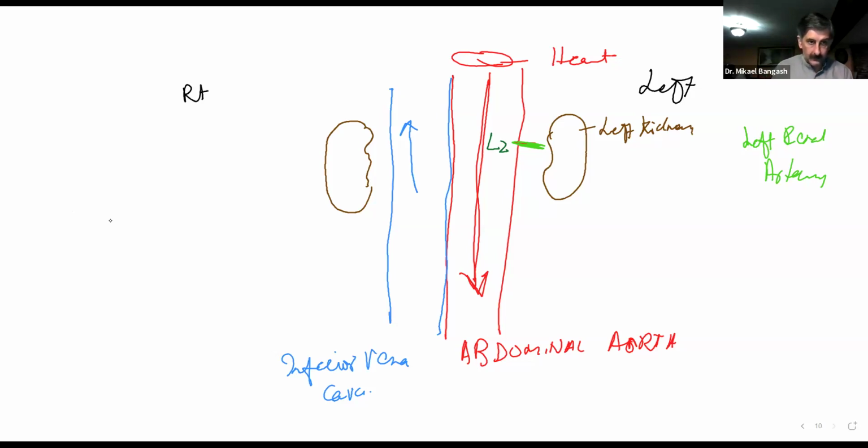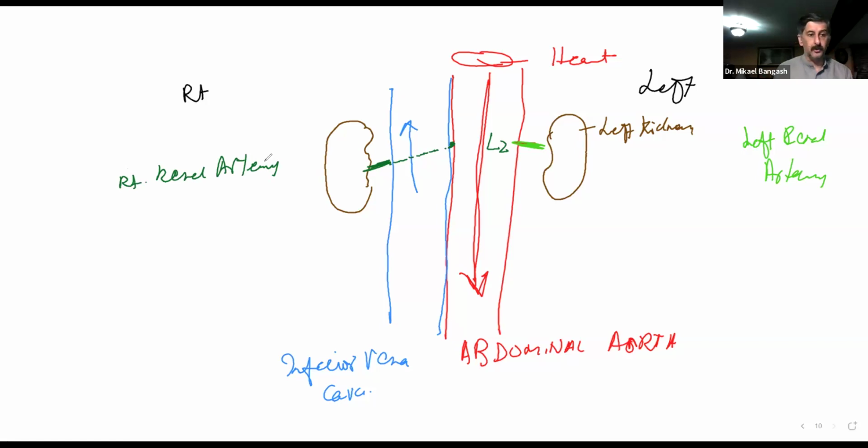What we mainly can say is, of course, it's also going to have its own renal artery. But that renal artery is going to run posterior to the inferior vena cava, which means that this is going to be the right renal artery.